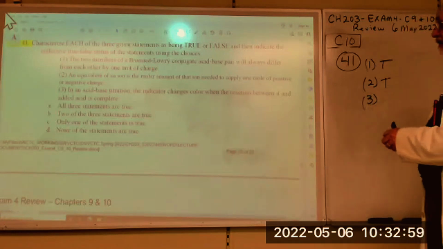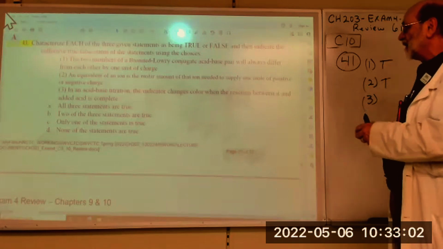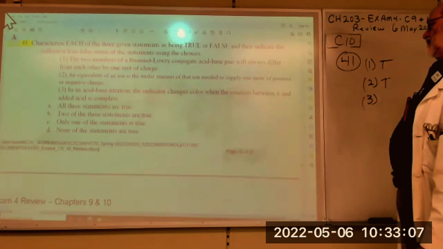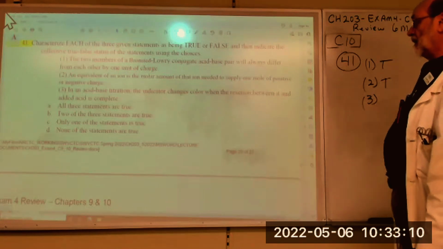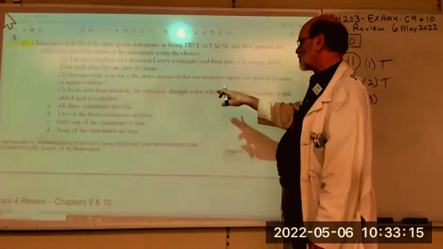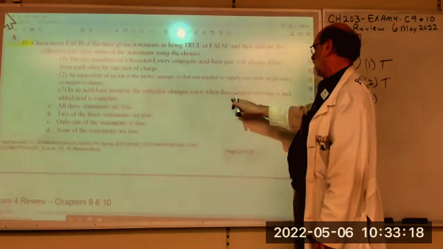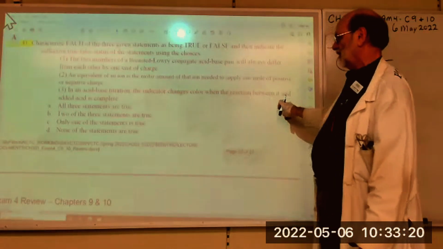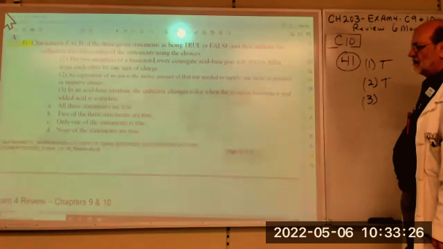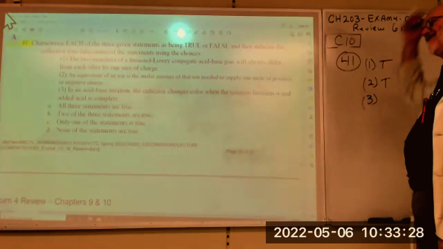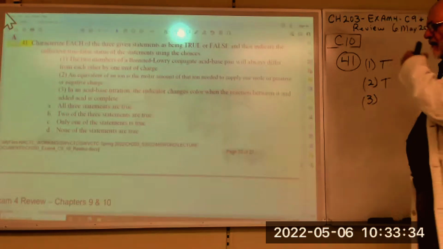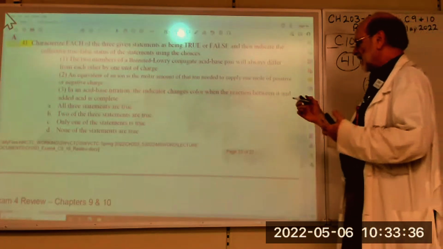In an acid-base titration, the indicator changes color when the reaction between it and the added acid is complete. Let me read that again. That's true, I guess that's one way of saying it, but I think there's a better way.